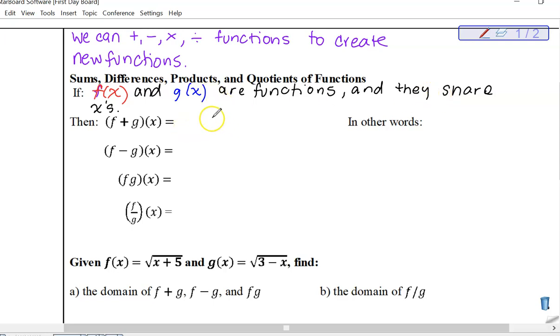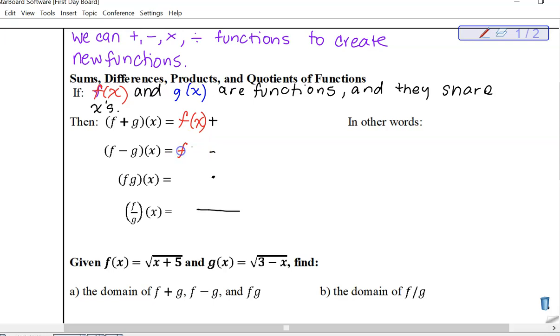We're going to be adding, subtracting, multiplying, and dividing. So if we're doing the f plus g of x, really I'm doing the f of x plus the g of x. And hopefully what this will allow you to see is that I'm going to add their y's. If they have x's in common, then I can add their y's.